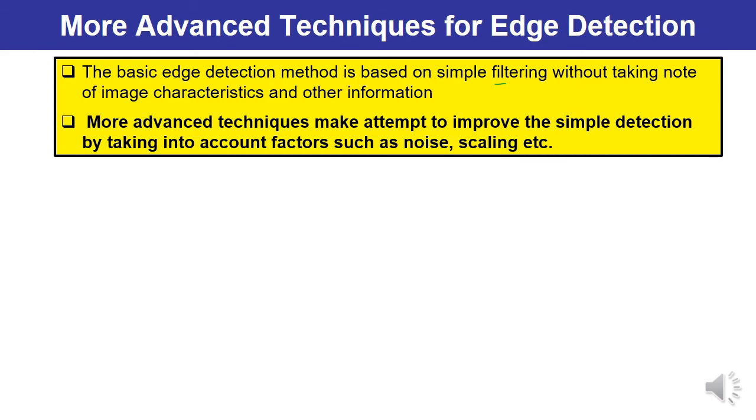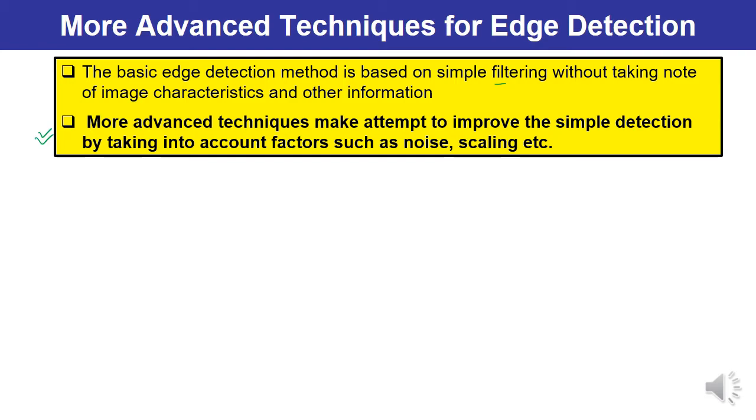But what is going to happen in the advanced techniques for edge detection? Here the overall objective is to improve this simple detection by taking each and every factor into account, like what kind of noise there is, how the image smoothing is going to be done, what kind of scaling, and how it is going to impact the overall quality. So this is how the more advanced techniques have been developed.